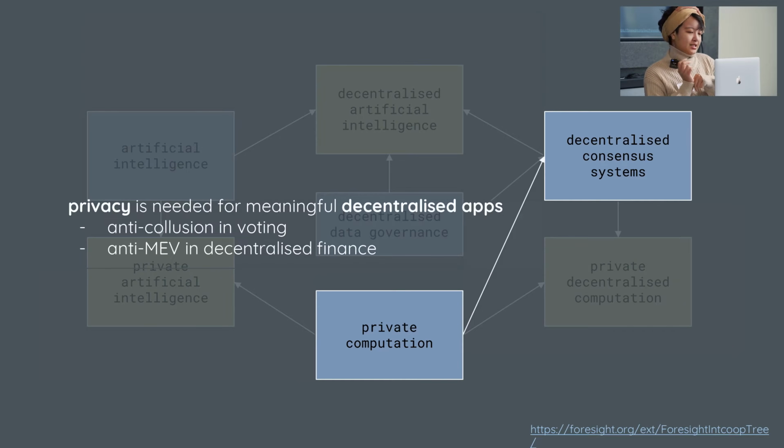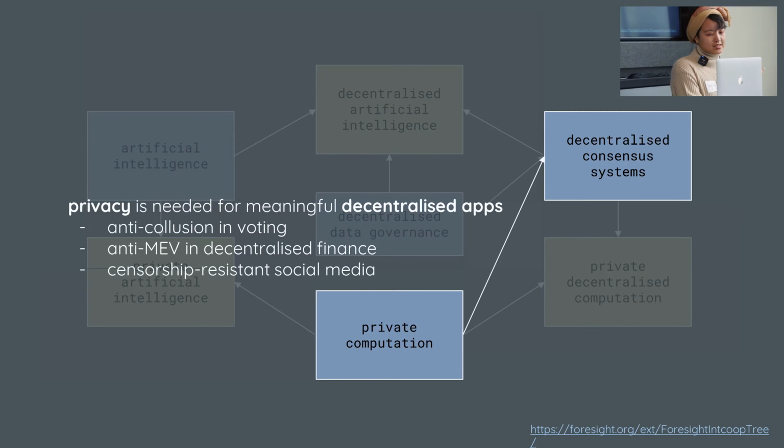For example, in decentralized finance, it's true that we can achieve censorship resistance, but we cannot protect your transaction from being front run or back run or sandwiched by the privileged actors, which are miners. So in order to have fairness in decentralized finance, we need to be able to obscure some information about your transaction.